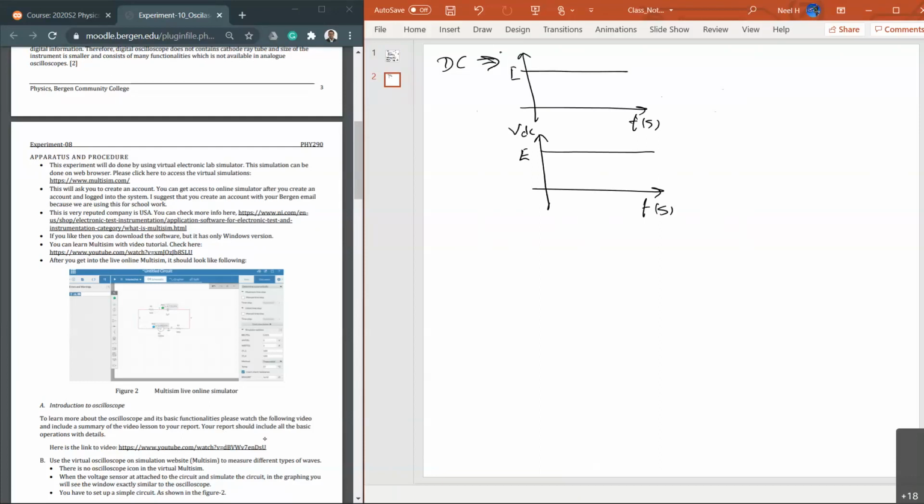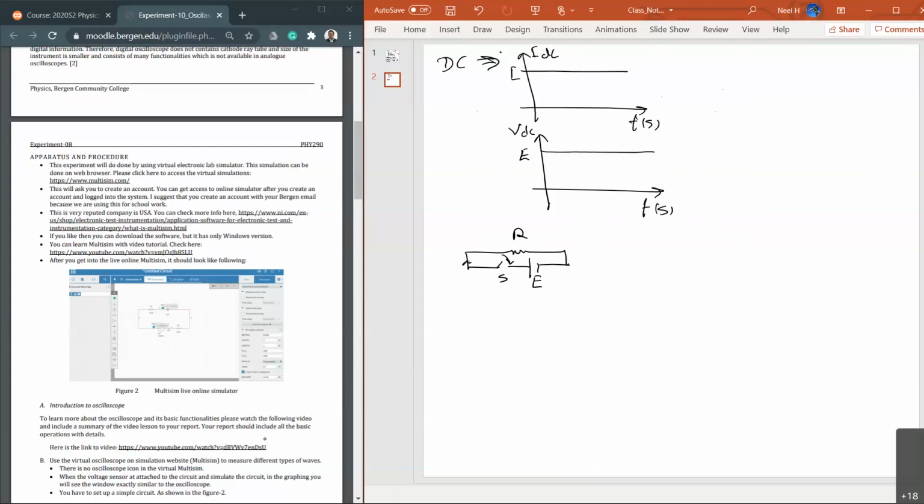VDC and then IDC. So if you have a circuit, let's say I have a resistor circuit, and then a switch and the battery, and then close the switch, the battery will give you the current. So the current passing through this resistor is a constant value. You measure as a function of time, you read the same number.